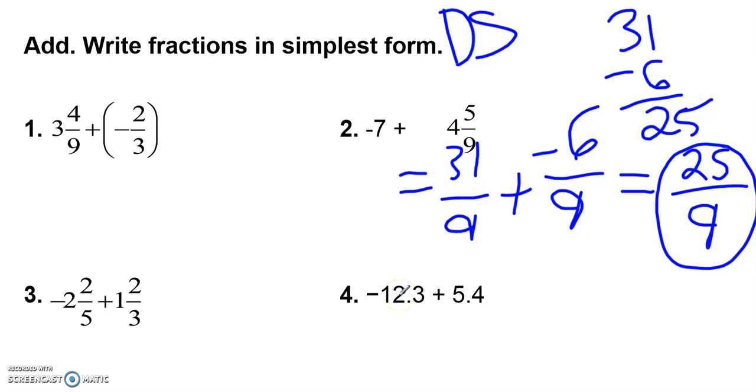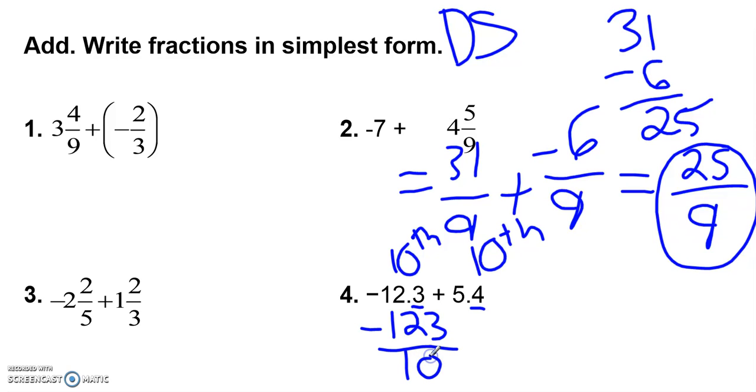So this is in the 10th place, the 0.3, that's 10th place. And so is this 0.4. So then I can take out that decimal and write it like negative 123, and then just divide it by that 10th place. And then plus 54, because I took out that decimal, and that is divided by that 10th place.